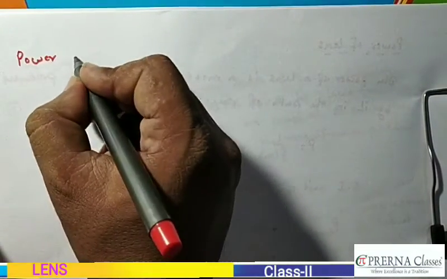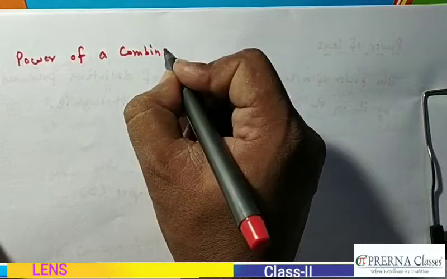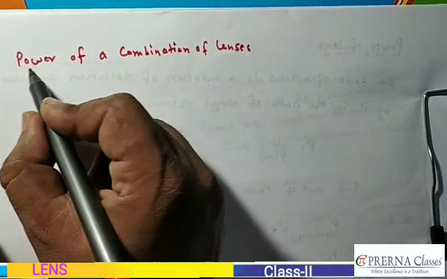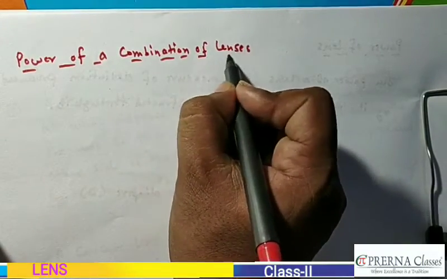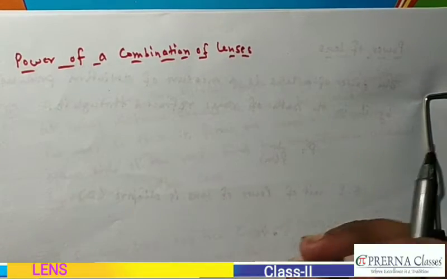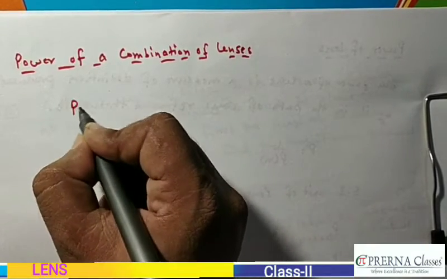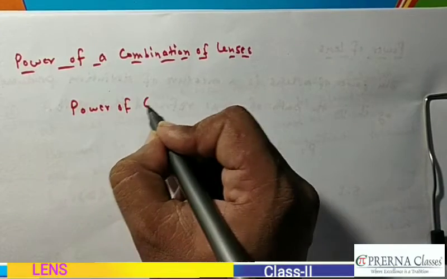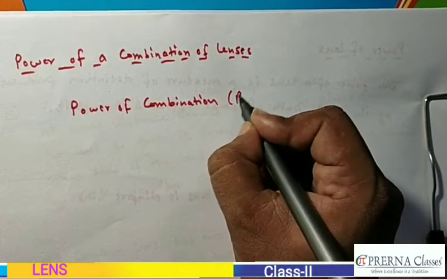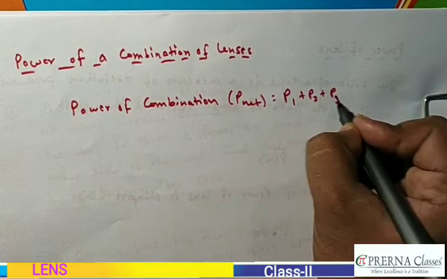Suppose we keep 2 or more thin lenses in contact, then the effective power, the power of combination, P net, will be given by P1 plus P2 plus P3, suppose 3 lenses.